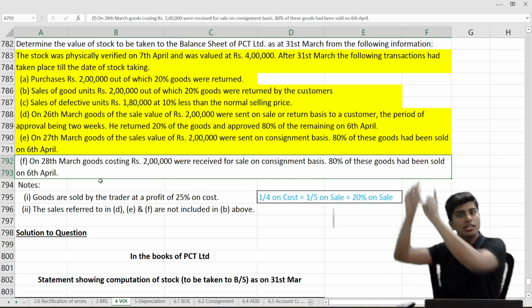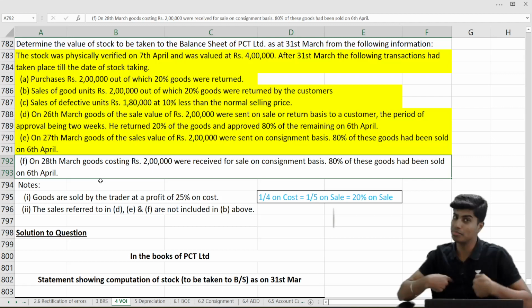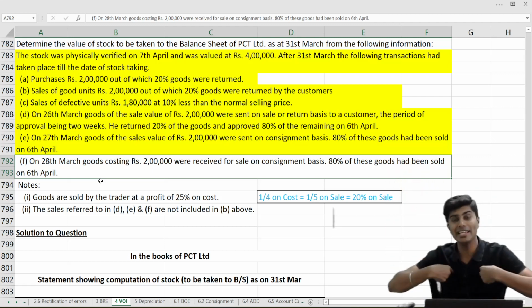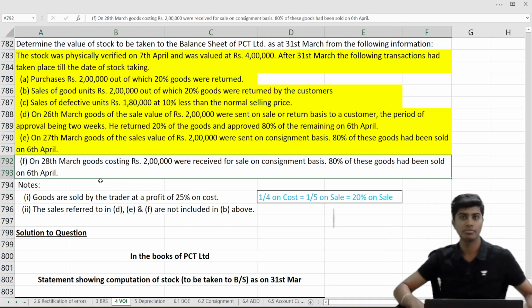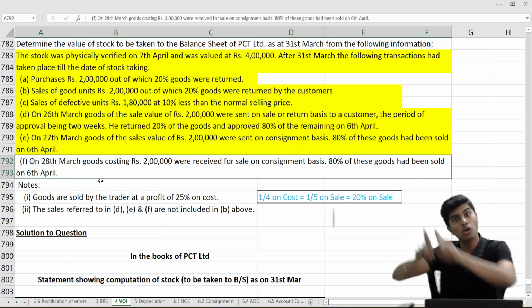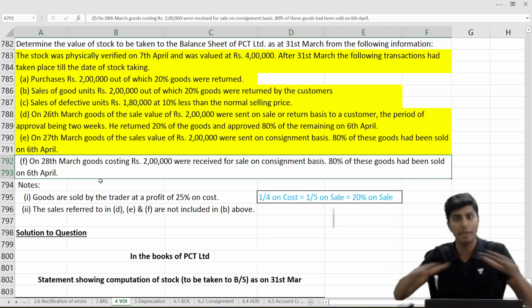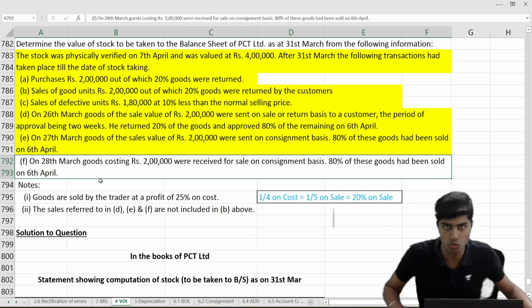He is the consigner, I am the consignee. I am the agent having possession. He is the owner getting profit. I execute the sales on behalf of him. So this 2 lakh belongs to him, not me. If I sell these goods, it is his sales, not mine. So sales adjustment is not what we should do.